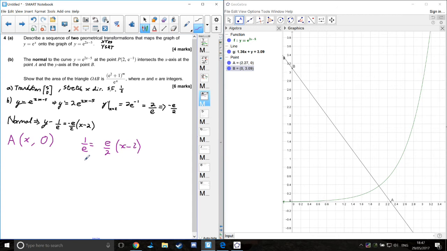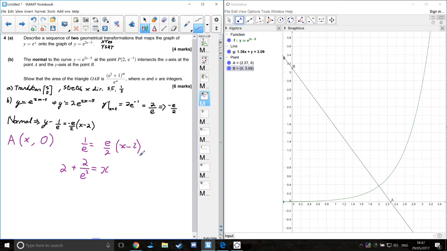We end up with 2 over e squared, and that's equal to x minus 2. So I'll add 2 on to both sides, and that's x.